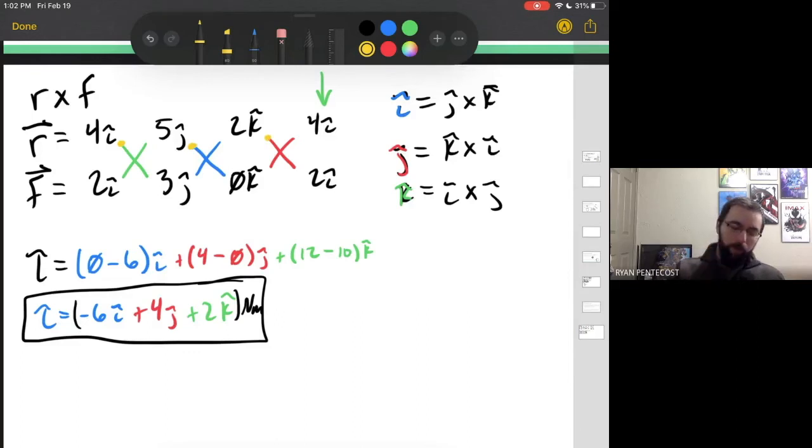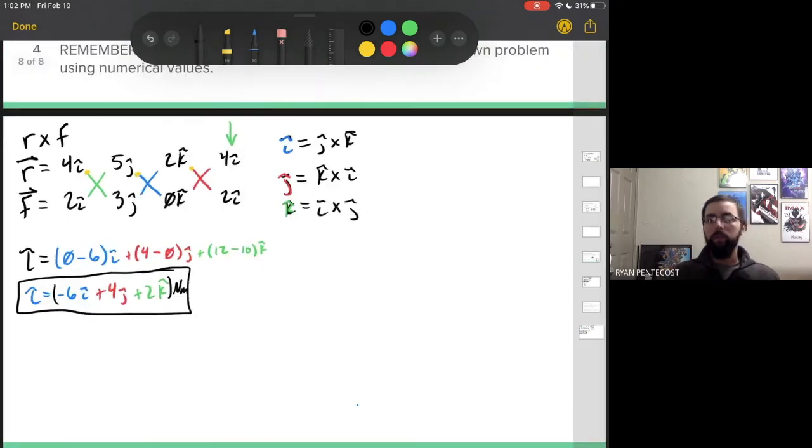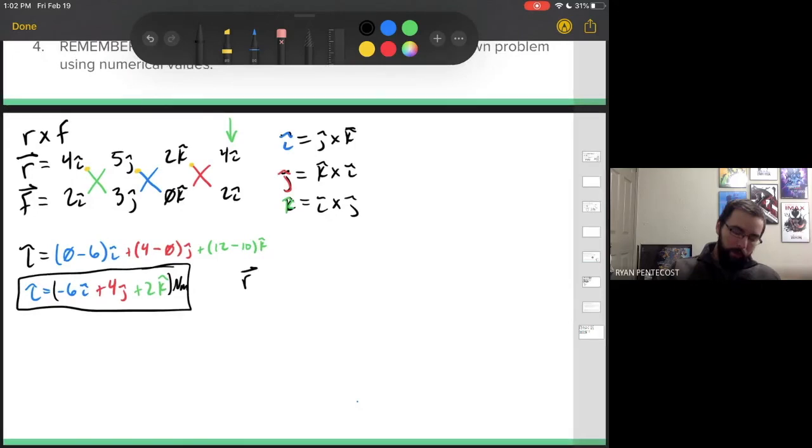Now that was not the actual question, though. This is just, I feel, the easiest way for me to do the cross product. I just write it out and do that multiplication there. Actually, what I will usually do is write out my vectors: R is 4, 5, 2 meters, and my force is 2, 3, 0 newtons.